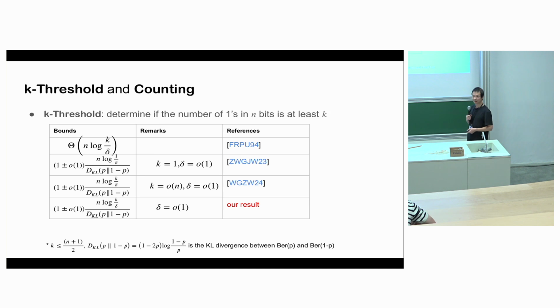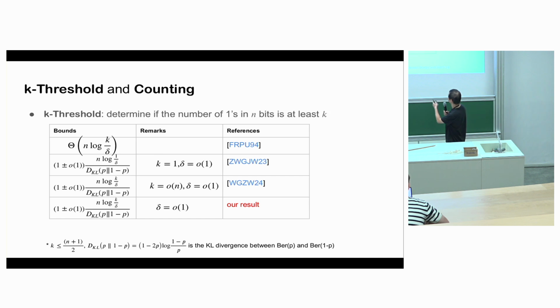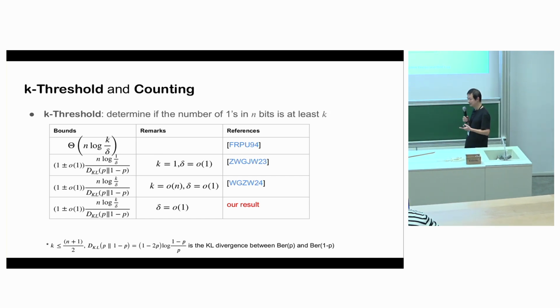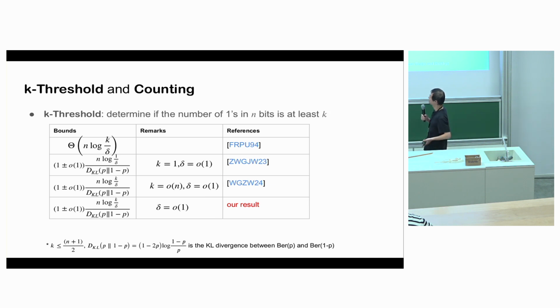We also have results for some other problems. One of them is the so-called k-threshold problem. The problem is, you are given n-bit strings, and you decide whether there are at least k ones in the string. In the work by Feige et al., they proved an asymptotically optimal bound of theta n times log k over delta. Then there are recent works which try to optimize the constant within this theta.